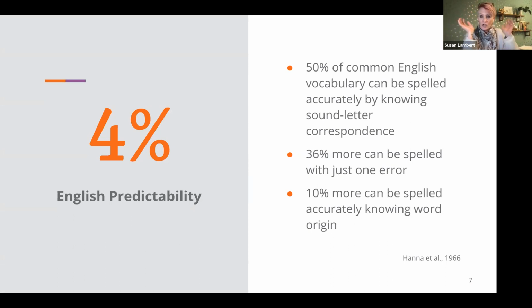If you have strong sound-letter correspondence, 36% more of them can be spelled with just one error. And if you know word origin and where these words come from, like the word autumn, what's the origin of that? 10% more of those can really be spelled accurately just knowing that word origin. So even though English is quite opaque or complicated to learn, and there are layers within our language, it's still pretty predictable if you understand and know the rules of predictability.